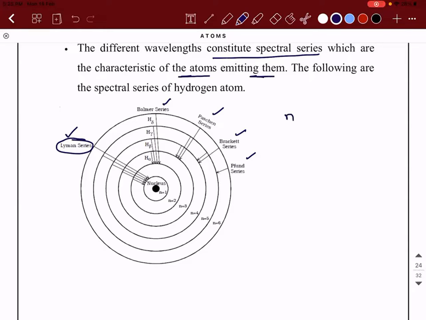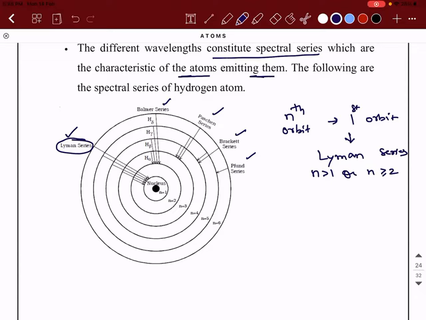So an electron jumping from the nth orbit to the first orbit will give us a series called the Lyman series, where the value of n is greater than 1. Or I can write n is greater than or equal to 2. These are the two things that are possible.